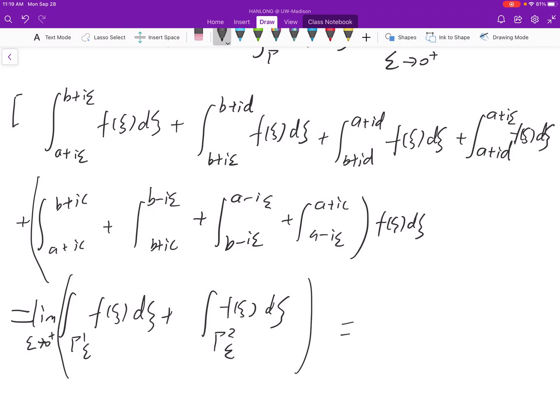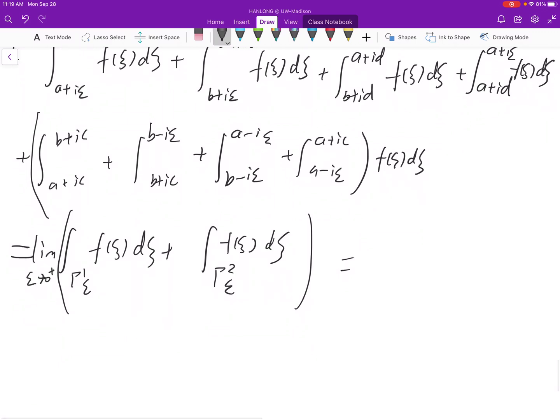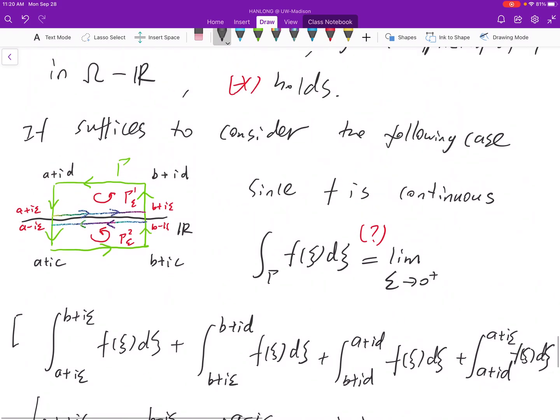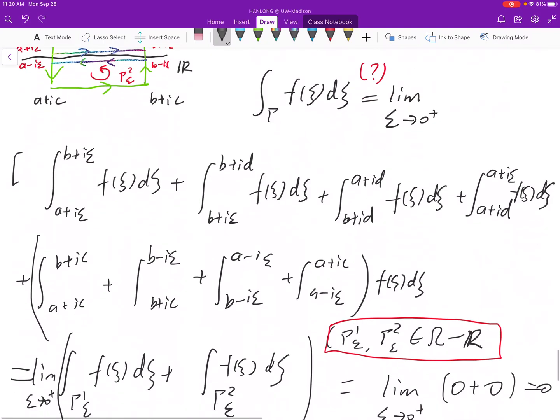Now the advantage of this cutting is these two loops are both in omega minus the real number line. Then you can apply the Cauchy-Goursat theorem, which gives you 0. Therefore the original integral along gamma is 0.